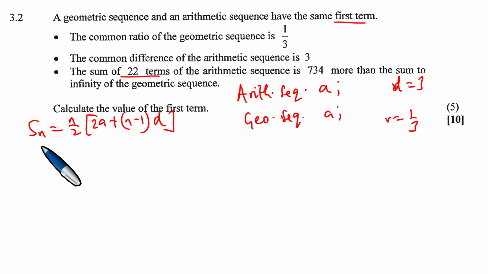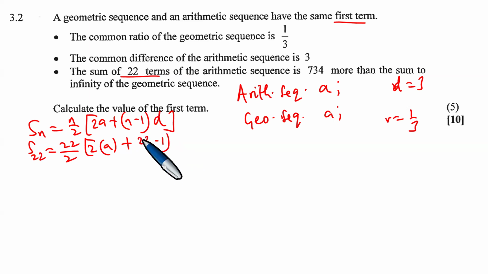So what we then have is Sn equals n over 2 times twice a, and these are 22 terms. Let's replace n by 22, so that here you have 22 minus 1, which is 21. We already have the common difference, which is 3.